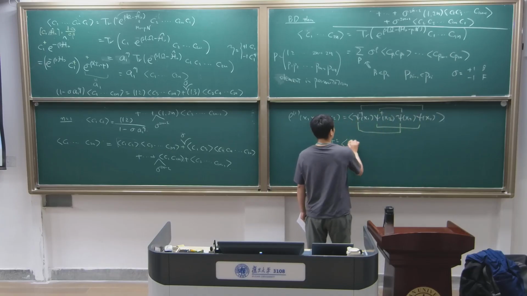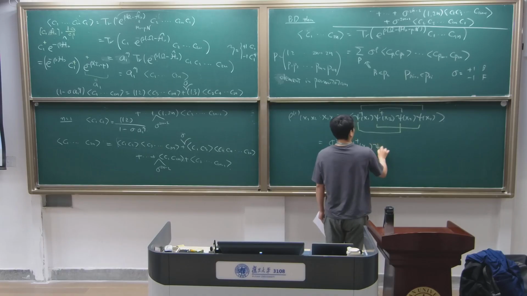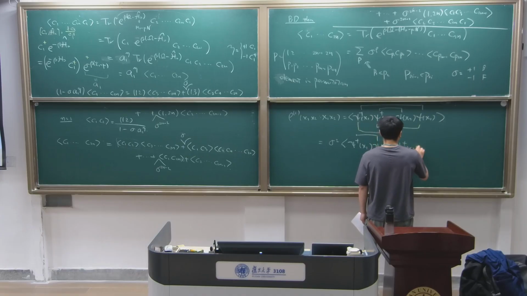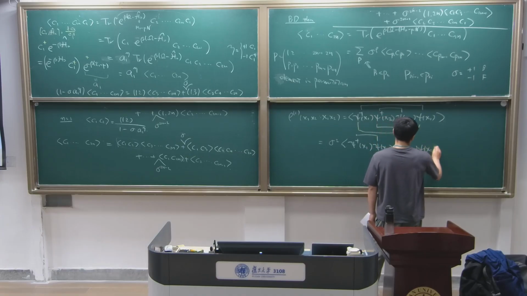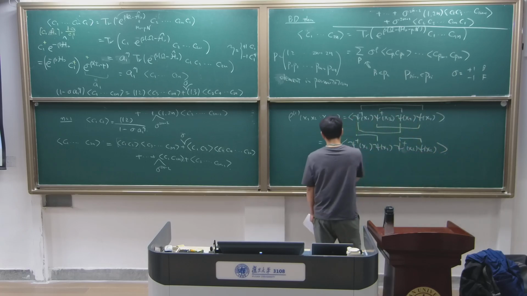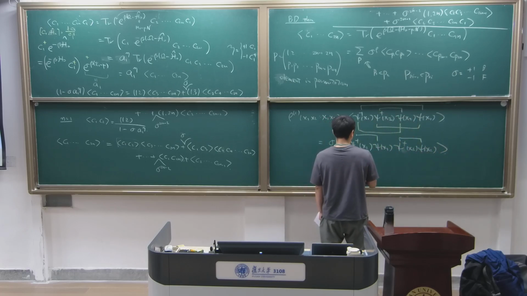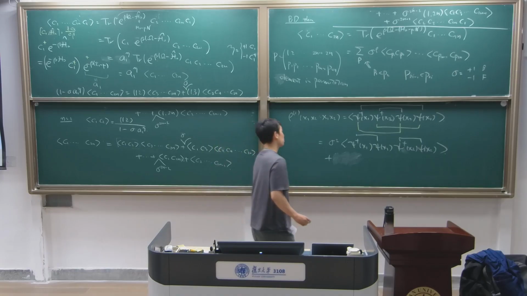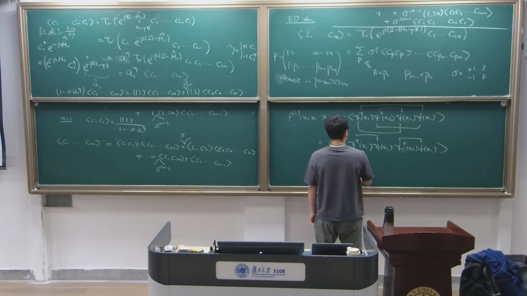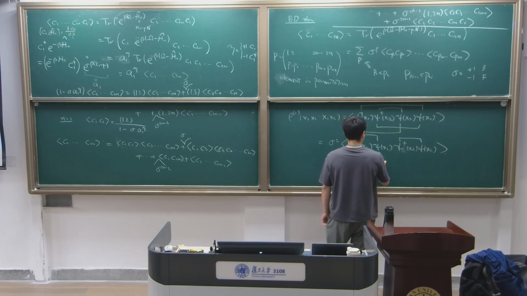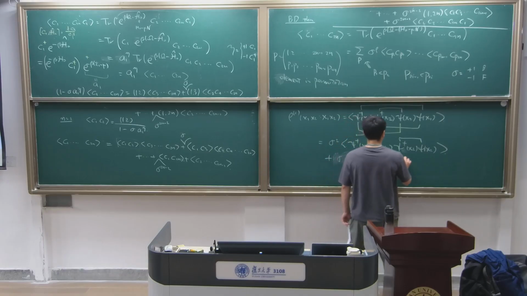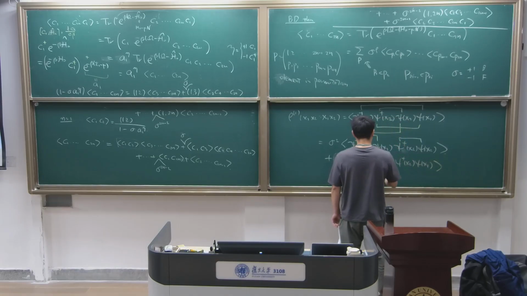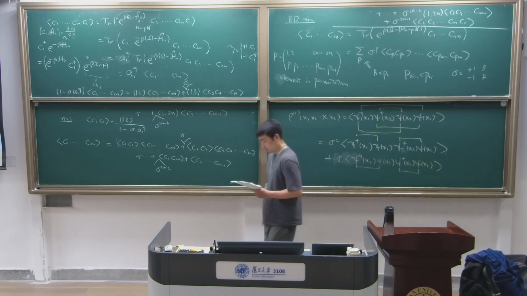Therefore, you have sigma squared of psi dagger x1, psi x1. This one plus sigma, this yellow one, this way. You know what that is?